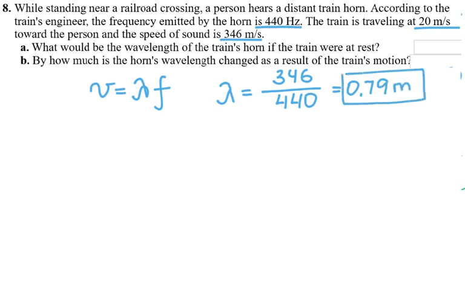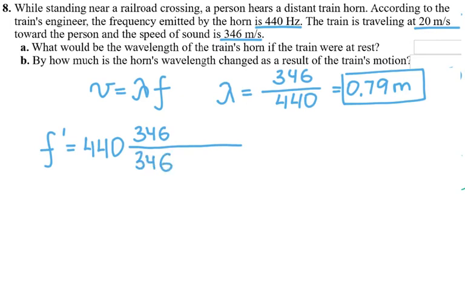For the second part, they ask by how much the horn's wavelength changes as a result of the train's motion. So the frequency changes. The new frequency is equal to the initial frequency, 440 hertz, times the speed of sound in these conditions, 346.